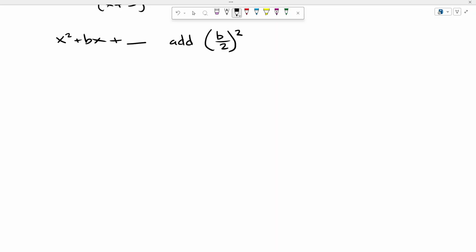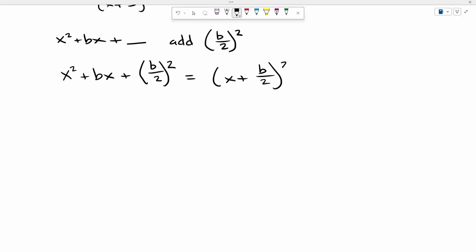So if we're given some x squared plus bx, and then we complete the square, we take whatever b is, divide by 2, and we square that. When we add it to that, then that becomes a perfect square.